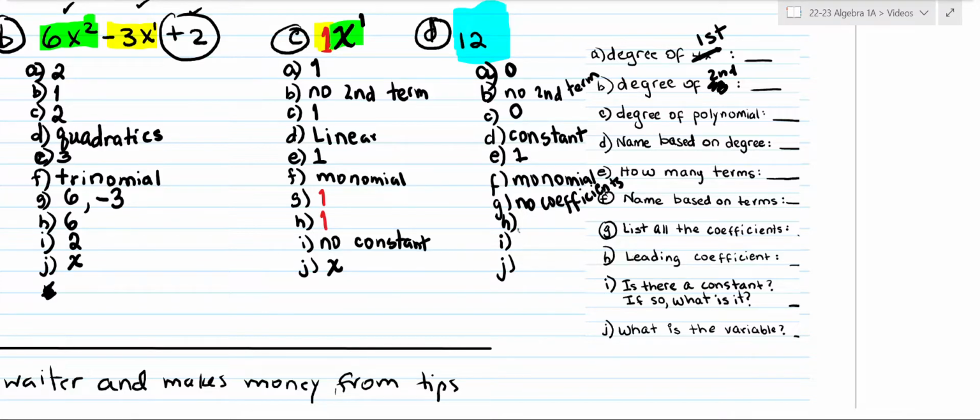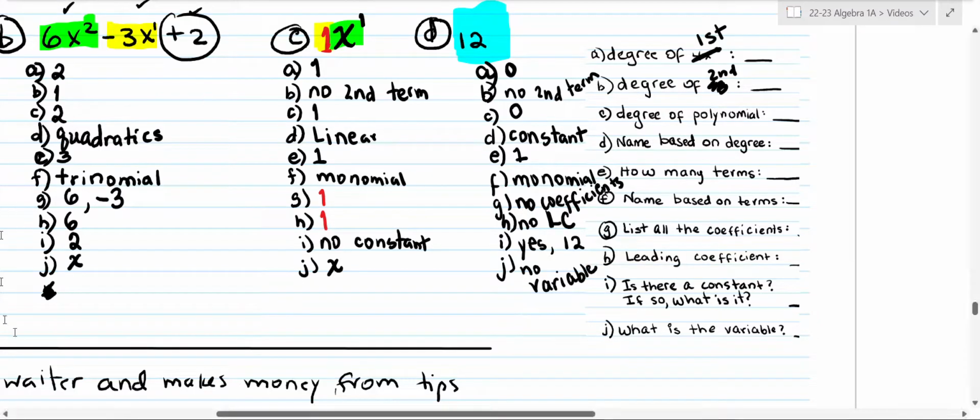List the leading coefficient. There is no leading coefficient. I'm just going to put LC for leading coefficient, okay? Is there a constant? Yes. What is the constant? 12. What is the variable? No variable. Okie dokie. All right, I hope that's helpful.